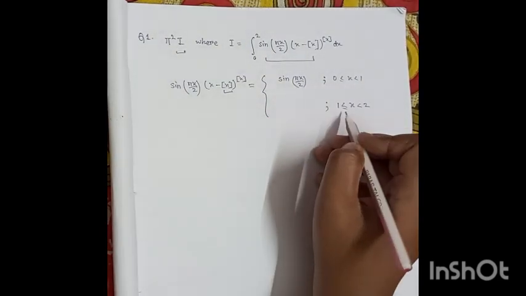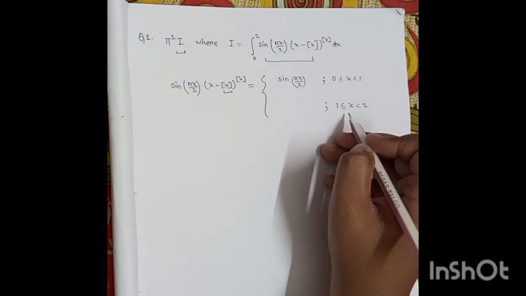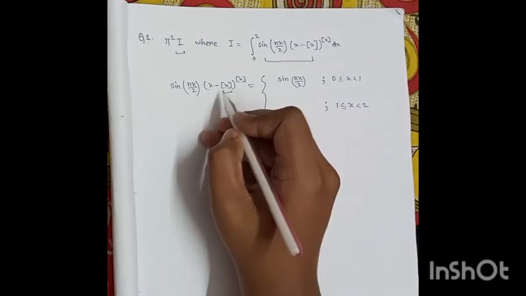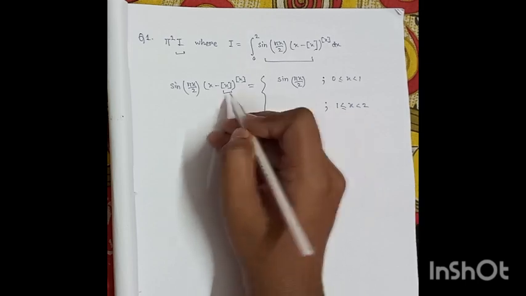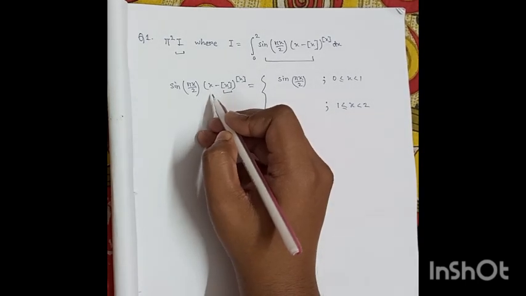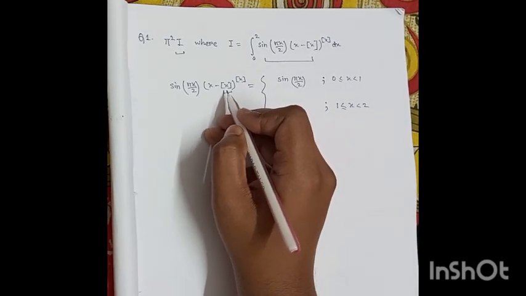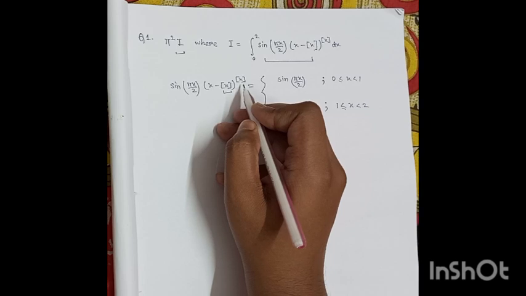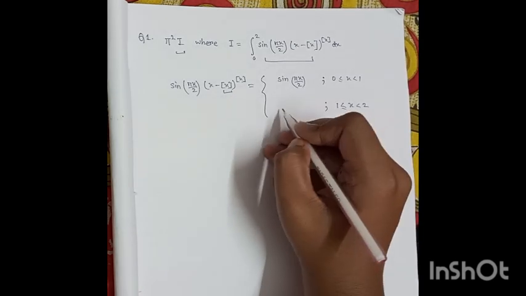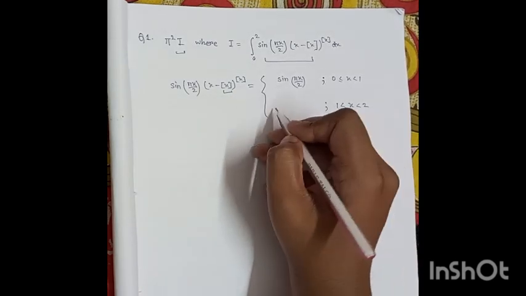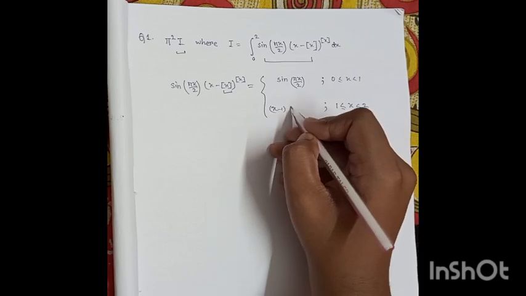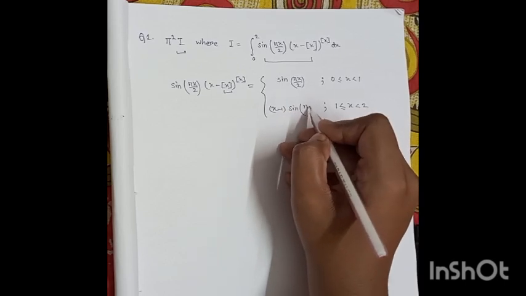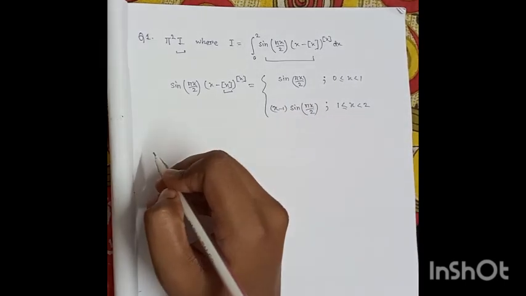Now coming to the second part, if x varies from 1 to 2, greatest integer x will be 1. So this part will be x minus 1 whole to the power 1. So this will be x minus 1 times sine of pi x by 2.